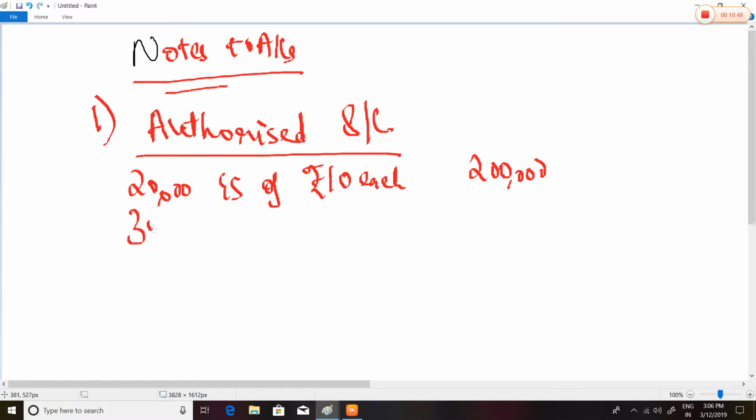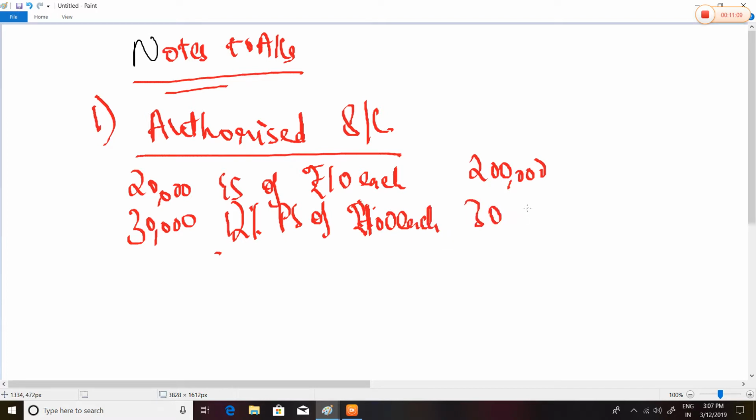And the 30,000 12% preference shares of rupees 100 each. I think it comes out to be 30 lakhs.